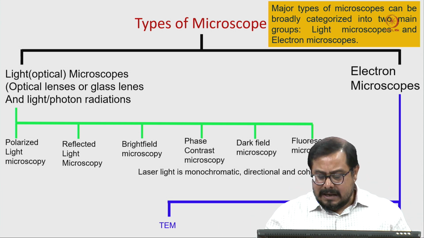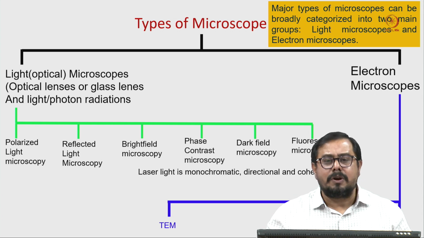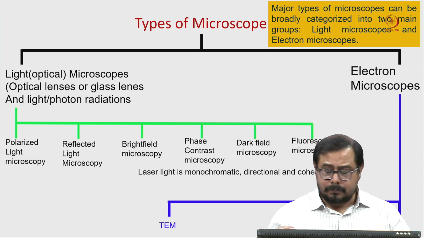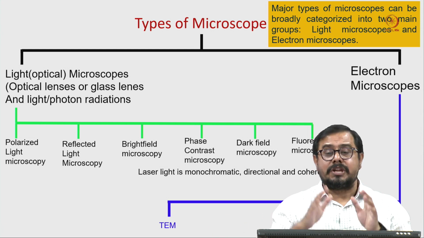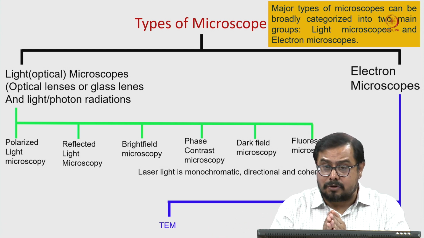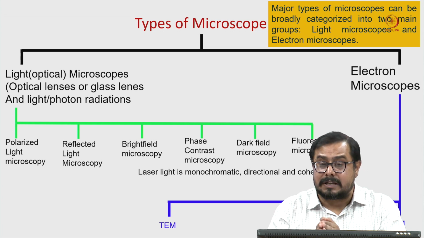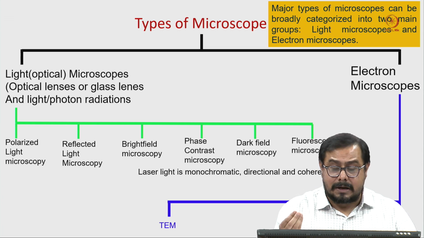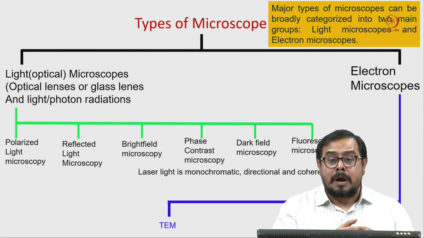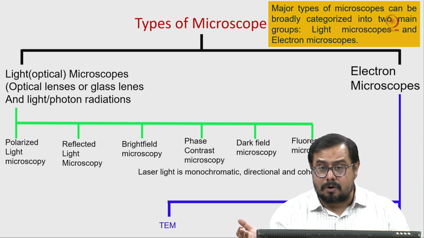Next comes STEM, the scanning transmission electron microscope. Again, this is a very simple classification. There are many different types of electron microscopes, such as the analytical electron microscope and the high resolution transmission electron microscope.